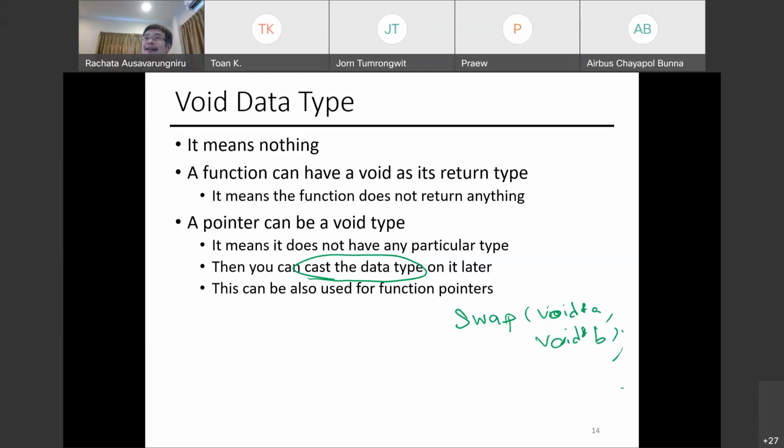Would it be handy to just implement a single swap function? It does take an address, but I'm not telling the type yet because I don't know. I'll use it later. And when I use it, I'll define the data type later, right? That's convenient, right?